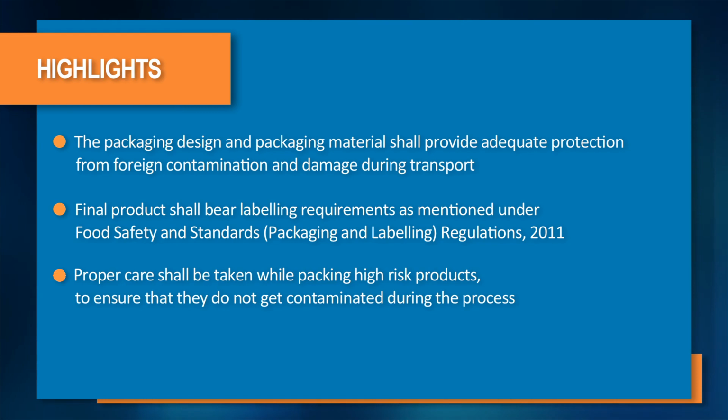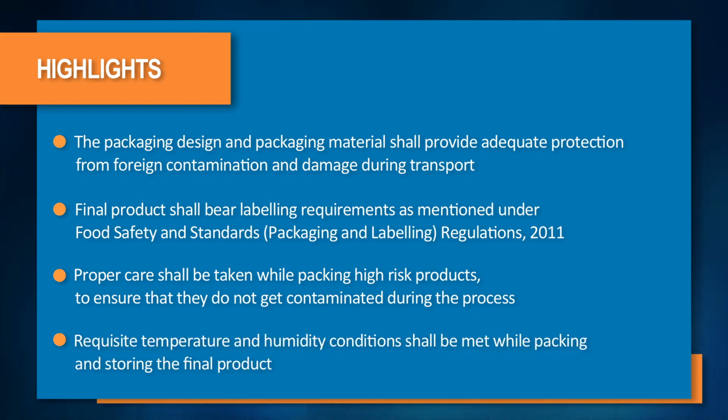Proper care shall be taken while packing high-risk products to ensure that they do not get contaminated during the process. Requisite temperature and humidity conditions shall be met while packing and storing the final product.